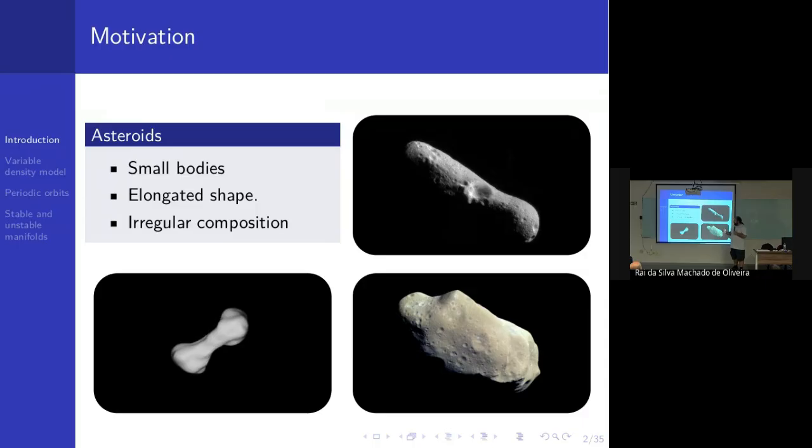Not only are they elongated, but they are irregular in terms of mass distribution and composition. For example, Cleopatra has these lobes at the ends of the asteroid, right? So what we are going to do is to investigate how these irregularities affect dynamics around the asteroid. Okay?